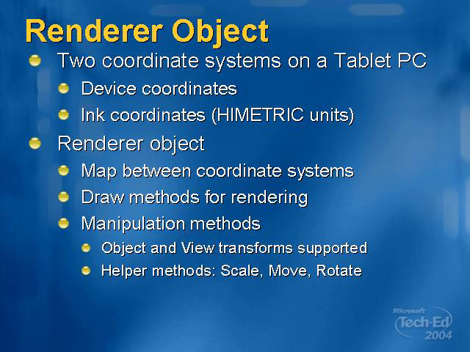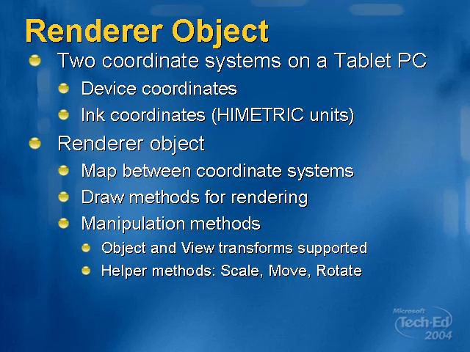Finally, there's the renderer object. There's basically two coordinate systems on the tablet PC. There's the coordinate system that contains the ink coordinates. Those are in high metric units. Basically, a high metric unit is 2,540 high metric units per inch, independent of the resolution of the device. So that's the virtual coordinate space that the ink data is held in.